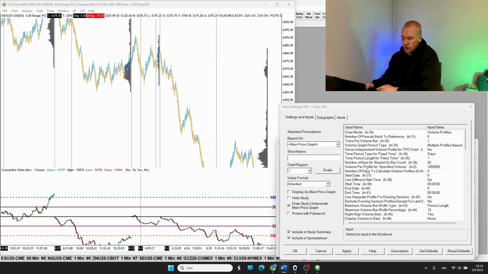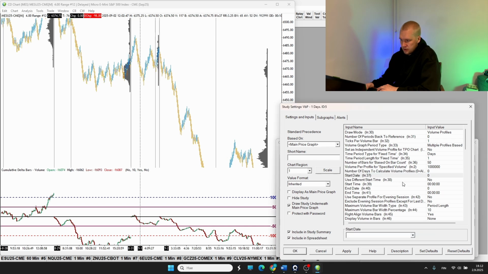Now there is an optional setting here which you can change yourself. You can put a different start time here and put yes, and you can make it without the previous day's volume. Or you can change in the chart settings the same thing.